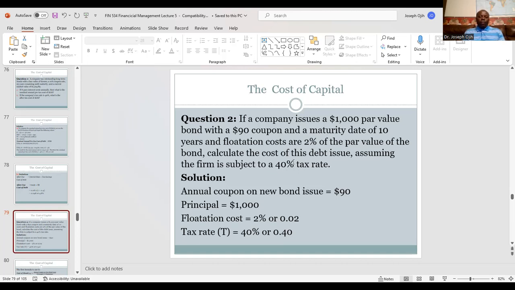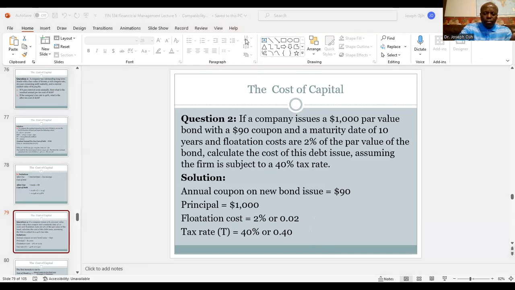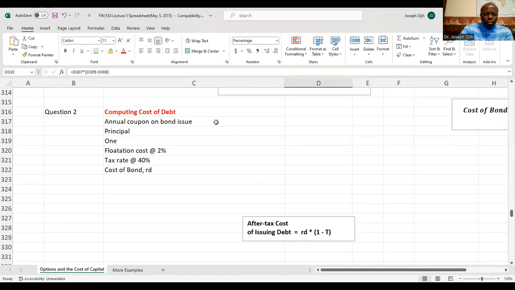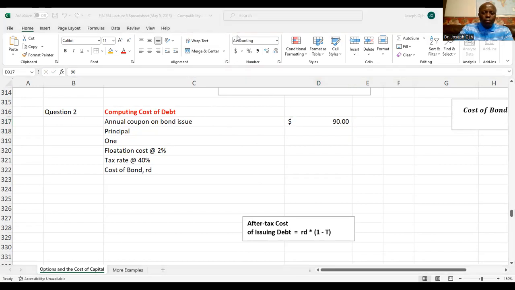So again, let us put the information we have. First of all, we have the annual coupon on the new bond issue, which is $90. So we're going to put this information here in Excel. The annual coupon for the bond issue is $90. Next thing we need is the principal.